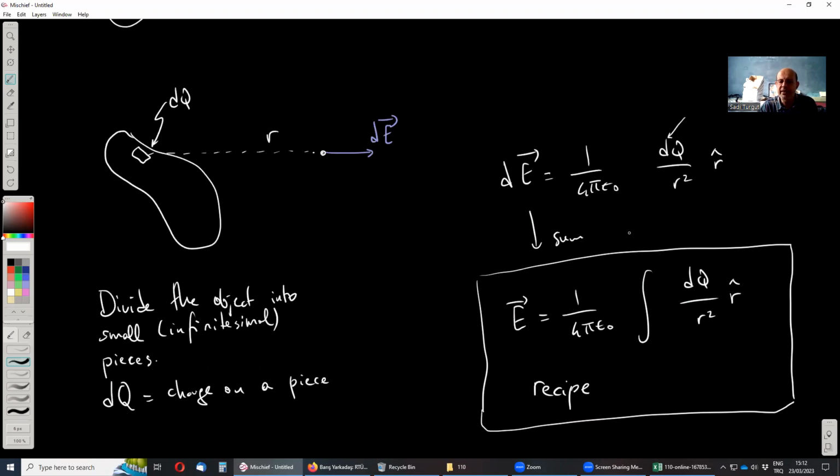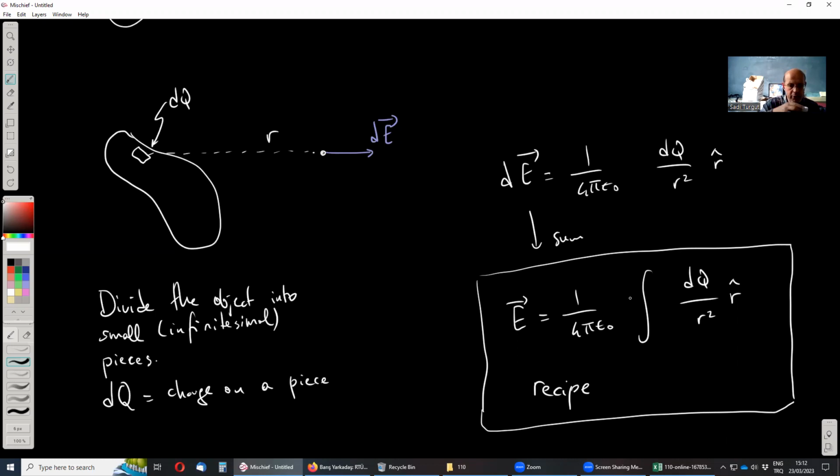Similarly, dE is just a reminder that this is extremely small, an infinitesimal quantity, but it's not a variable. So somehow you have to use some kind of variable to convert that integral into something that can be integrated using calculus.